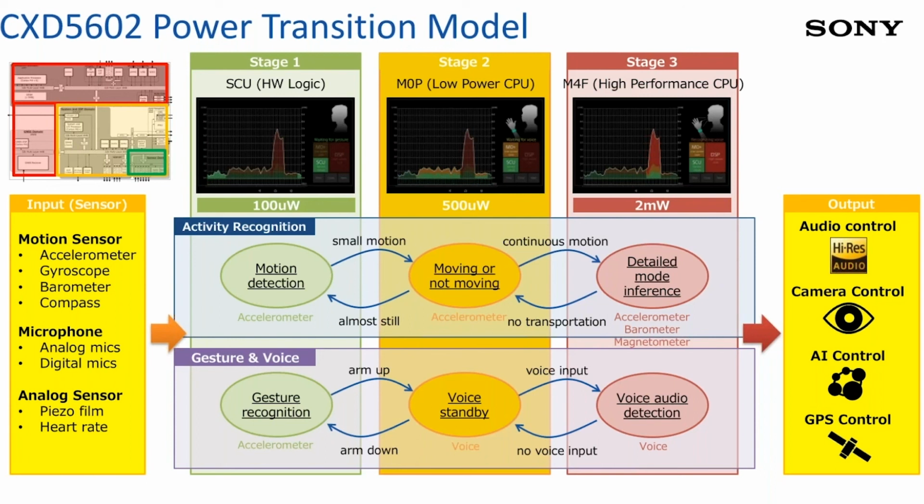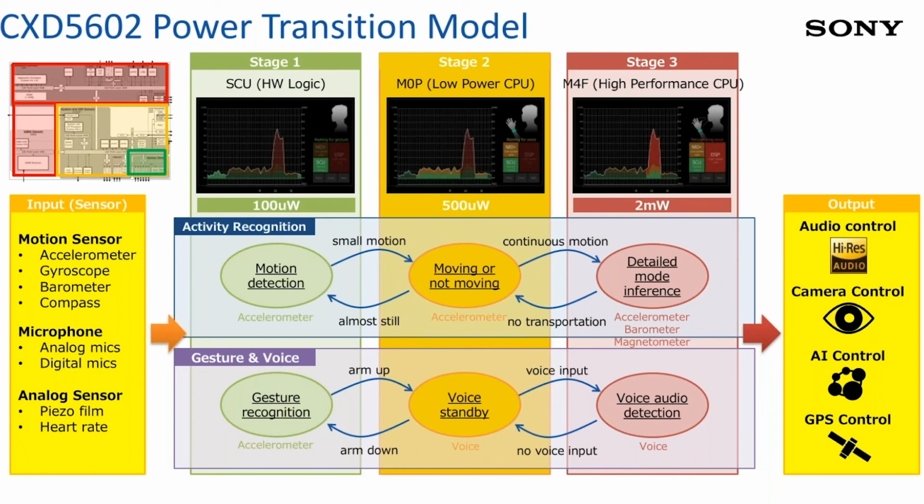The green and yellow and all of those that I talked about. Here in the yellow one on the right side, you get all of your inputs. This input can be a motion sensor, a microphone, or an analog sensor. So for example, you're getting some information from any of these sensors. When it comes first to stage one, it means that the sensor control unit needs to take care of this information.